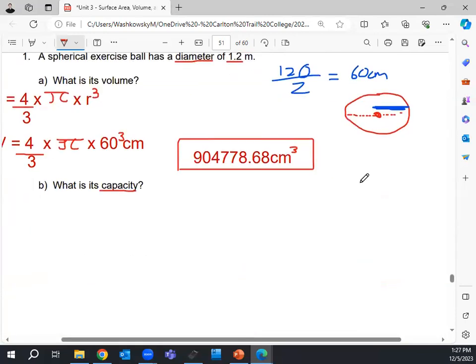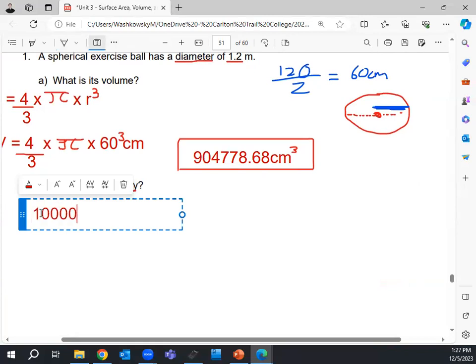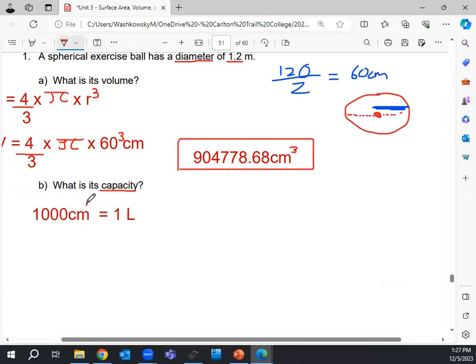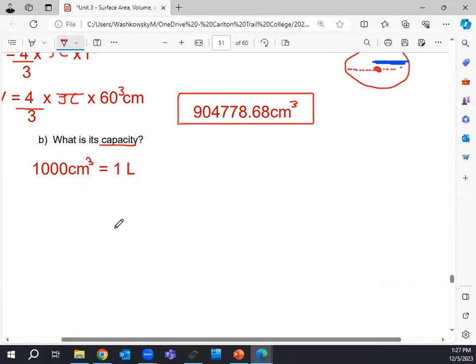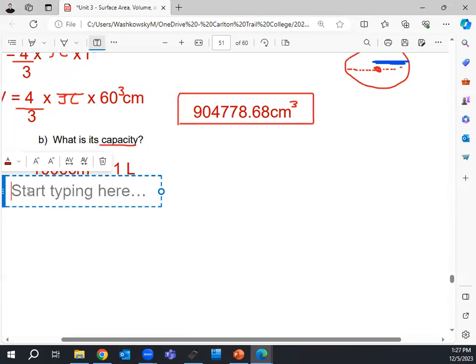You do not need to memorize that. So I'm just going to quickly put down what I know: 1,000 cubic centimeters is equal to 1 liter. Which raises the question, what if I have 904 and some thousand of these?